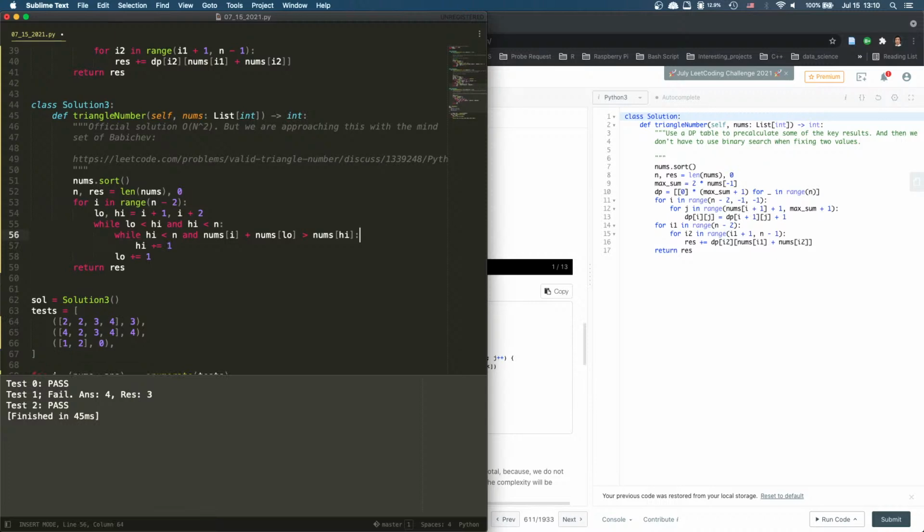So we have low and high, right? And then if nums[i] plus nums[low] is larger than nums[high], that means not enough high. We keep going, keep going, keep going until we cannot go anymore. That means everything in between is fair game, right?